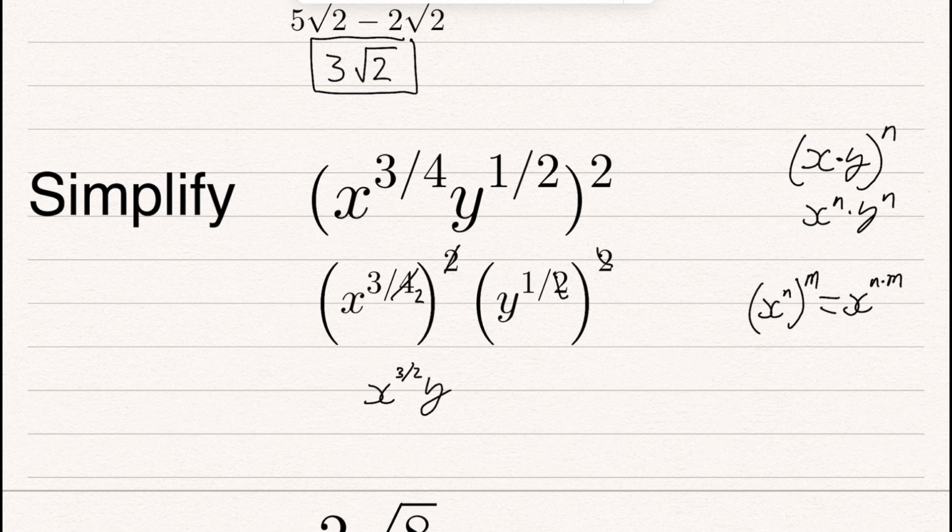We get just y. So depending on the context of the problem, it might be acceptable to leave our answer like this. Or we could change this and make that y times the square root of x cubed, because 2 is our index here. And again, we don't have to show an index of 2. And 3 is our power here.